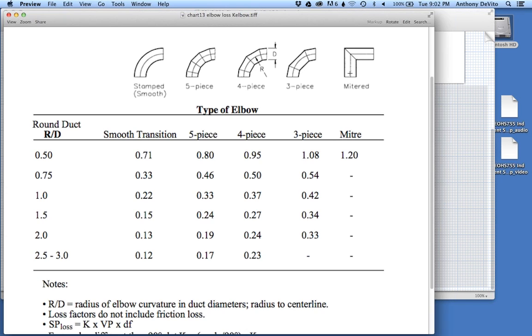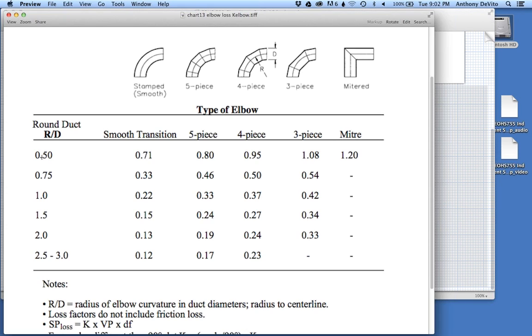You might have just simple mitered duct, which is just like one piece of duct welded into another piece of duct with no curve. And you can imagine that this one has great losses. And then as it gets closer and closer to a smooth finish, 4-piece, 5-piece, to a smooth continuous duct, you would expect less and less losses.